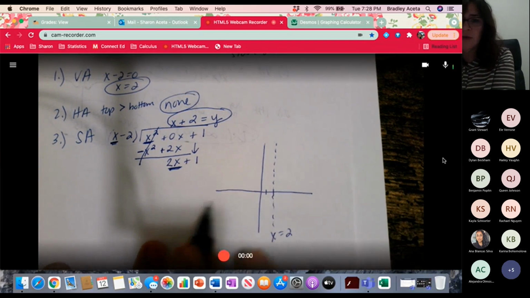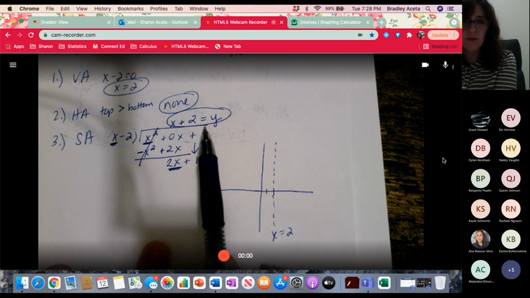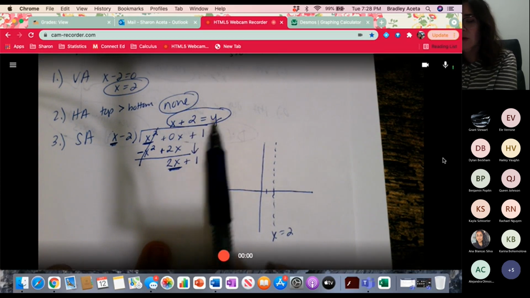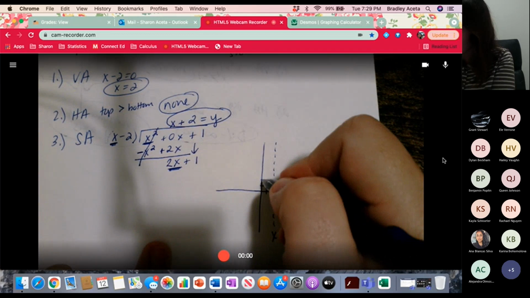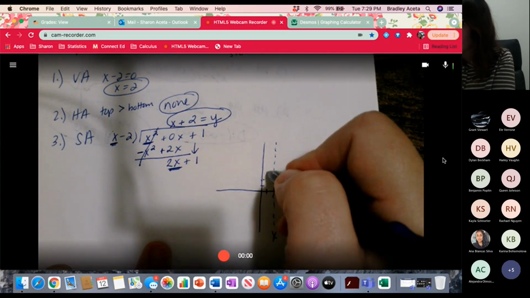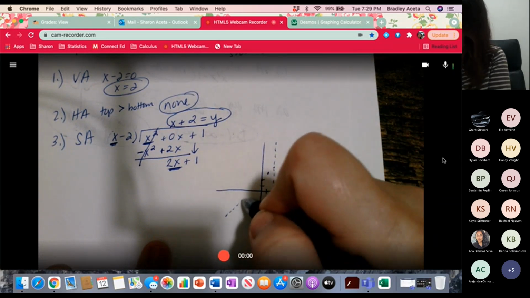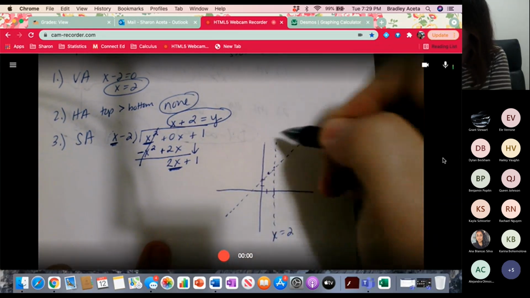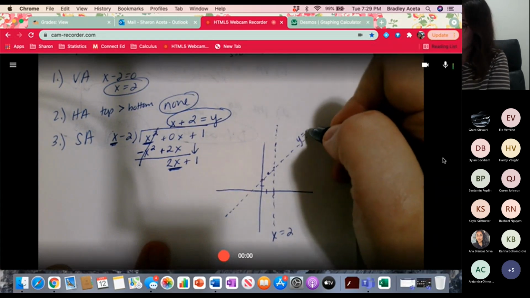You don't have a horizontal asymptote at all, but you have this slant asymptote, and it's running across the linear line x plus 2, meaning, so here's 1, 2. So it's going up 1 over 1, up 1 over 1. So there is a slant here. This is y equals mx plus b.